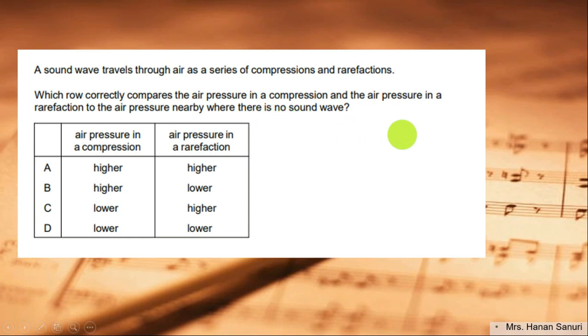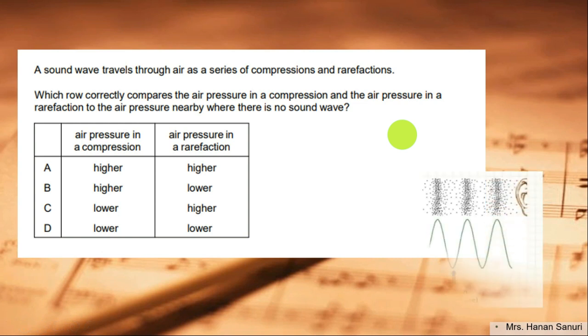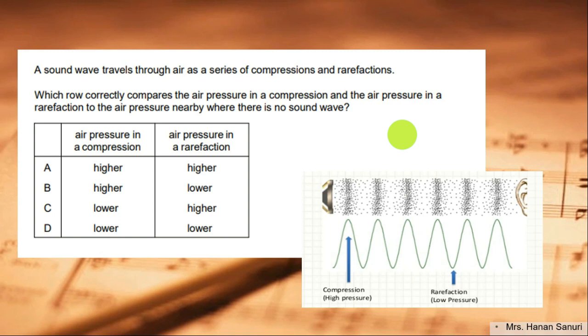You remember yesterday I told you about the air pressure. Look here at this figure. I told you yesterday that in compression, because the particles are close to each other, we have high pressure. That's why when we draw the pressure of the sound wave as a transverse wave, the compression, we draw it as a crest, and the rarefaction, we draw it as a trough.